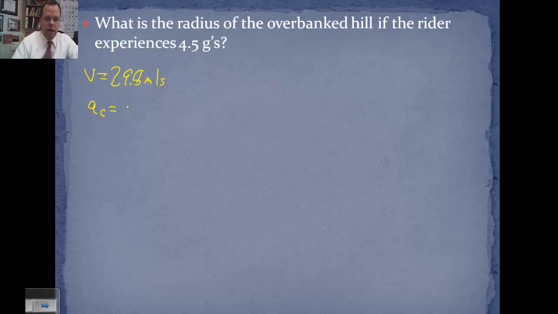We know the centripetal acceleration will be 4.5 Gs. So ac equals v squared over r. 4.5 Gs is 4.5 times 9.81, or an acceleration of 44.145 meters per second squared.